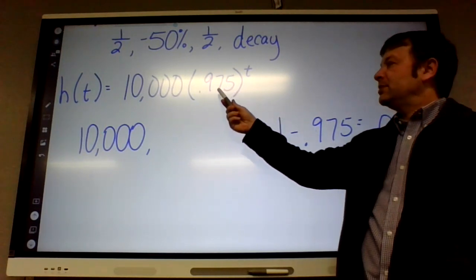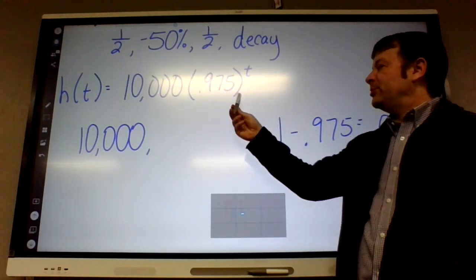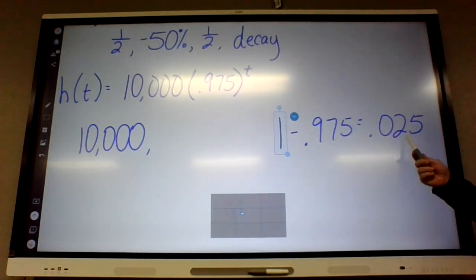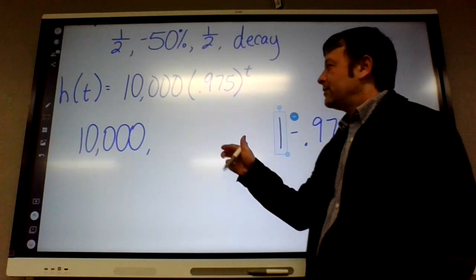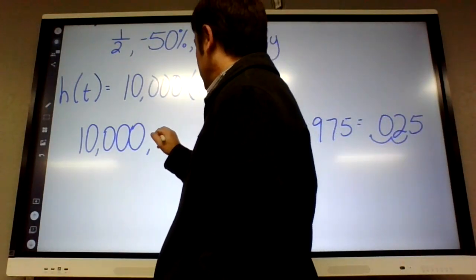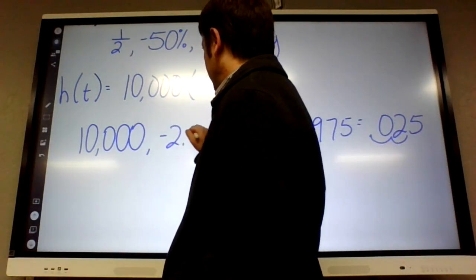So the 1 must be dropping by 0.025, right? So what is 0.025 as a percent? Right. Move the decimal over, that's only 2.5%. Is that a positive or negative? Negative. It's negative because it's dropping down to that. So negative 2.5%.